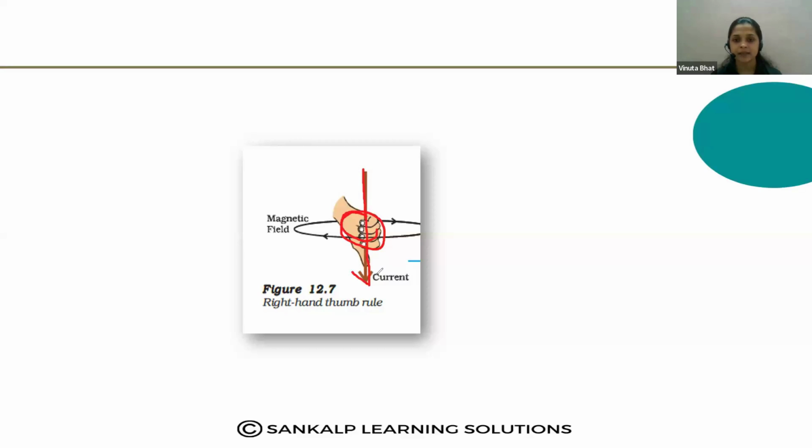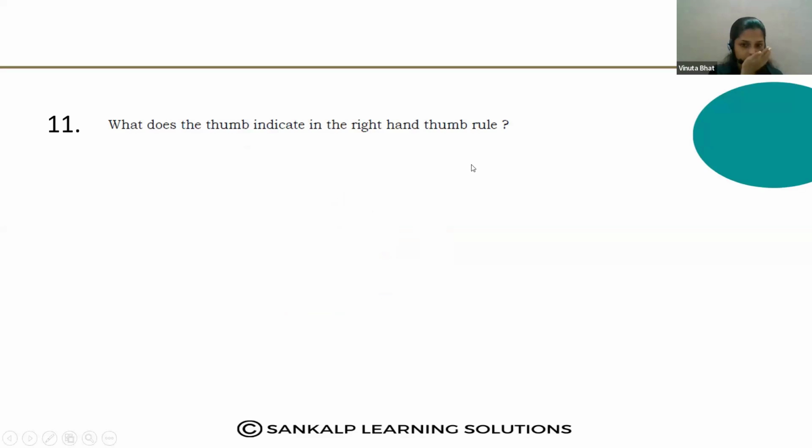Current is flowing through the conductor, so there is a formation of a magnetic field around it, and the field direction is shown. Here the thumb represents the direction of the current.